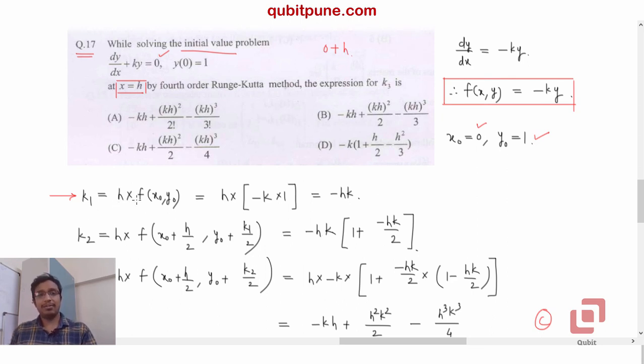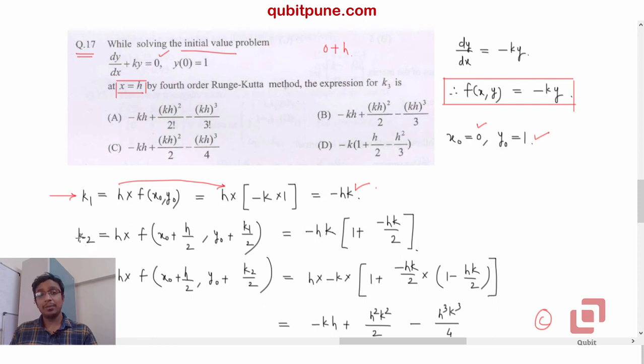F of x naught, y naught will be the value of the function at x equal to 0 and y equal to 1. So that is negative k. Yes, so we have got k1.